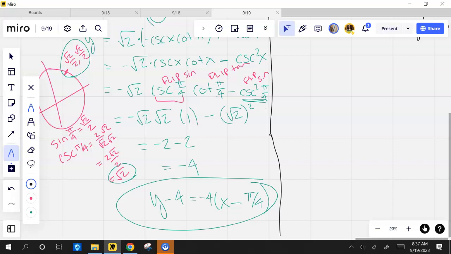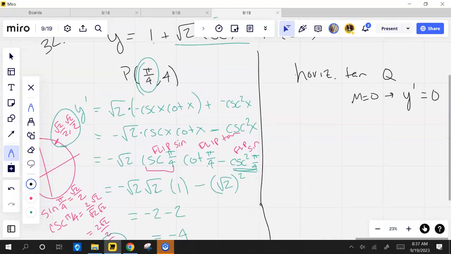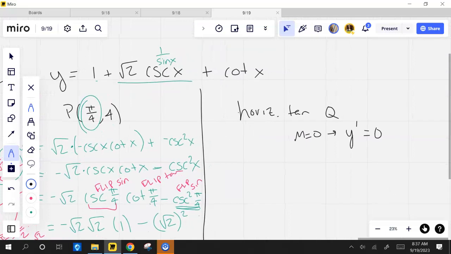Oh, I see what you're saying, that there's a tangent value for this. I see what you're saying. I understand. Yeah, I get that.